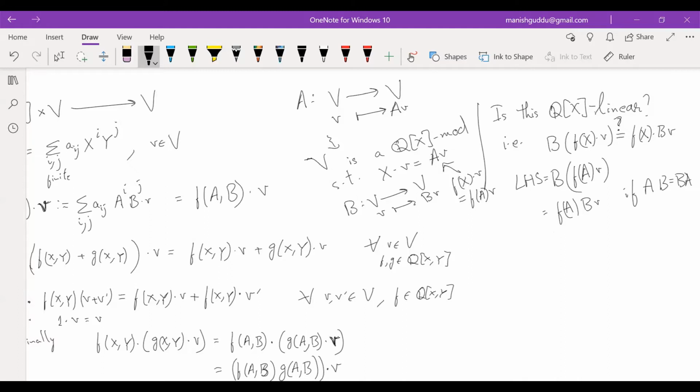So from here you can just say that V is now, take R to be Q[X].